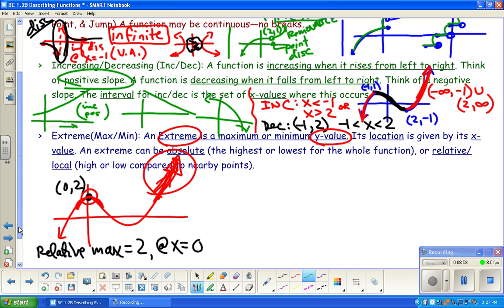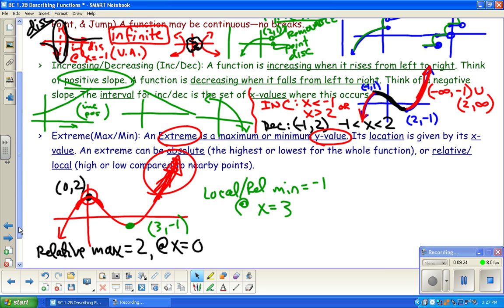Similarly, if this point, let's say it's 3, -1, this would be a local, or again, you can call it a relative, local or relative, not your relatives that live nearby, and you don't have to write them both, minimum of -1, and it is located at x equals 3.